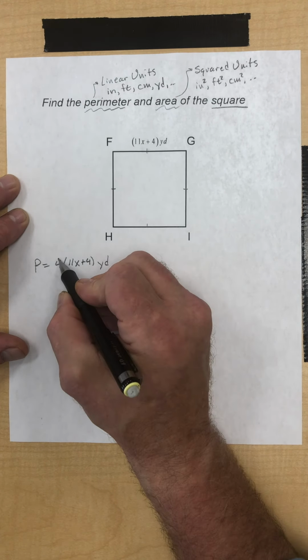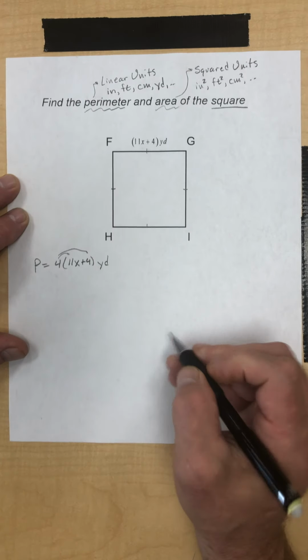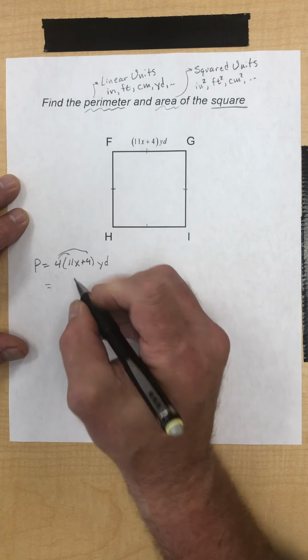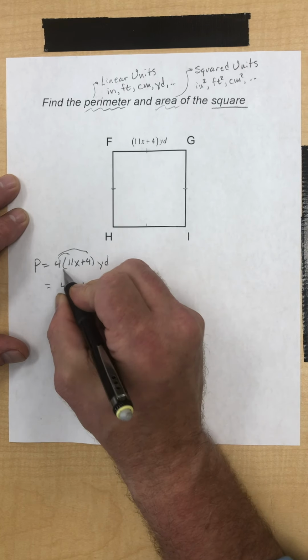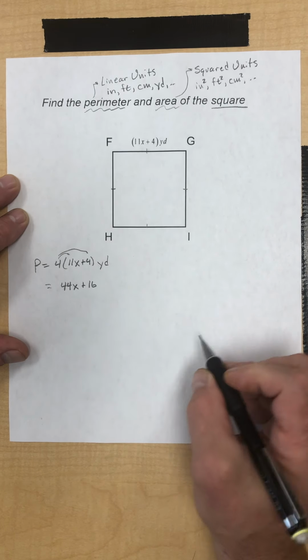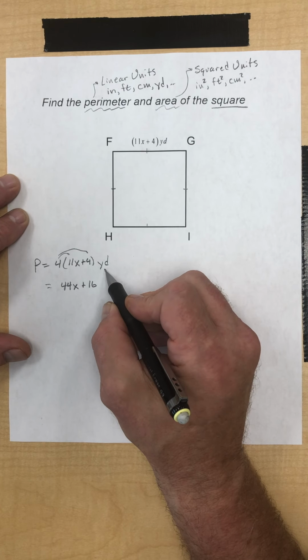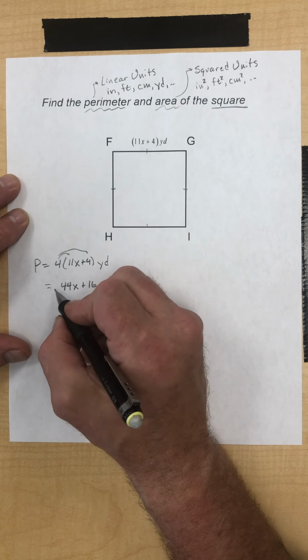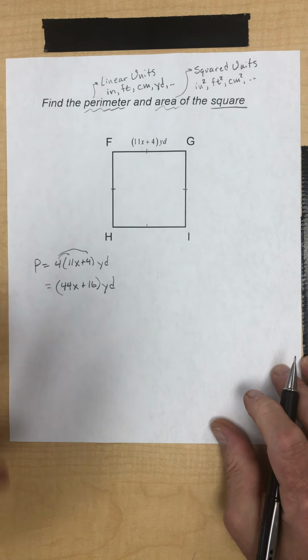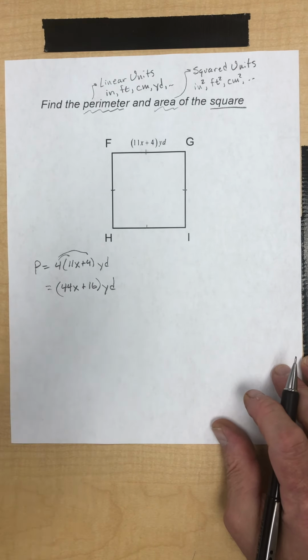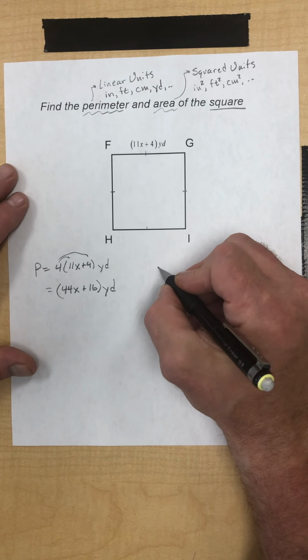All I got to do is distribute the 4. So 4 times 11x is 44x, and 4 times 4 is 16. We want the unit yards to apply to all of it, so we put it inside parentheses and say yards. And then you can't go any further because those aren't similar terms, so there's nothing else we can do.